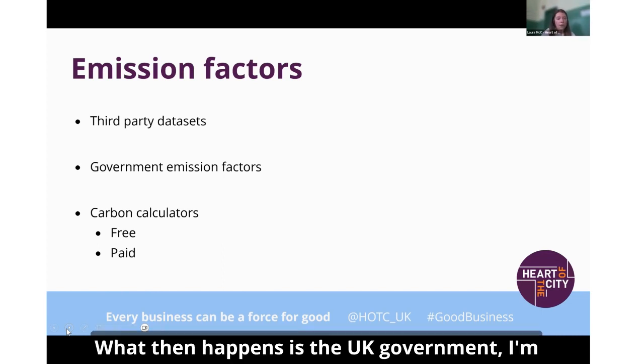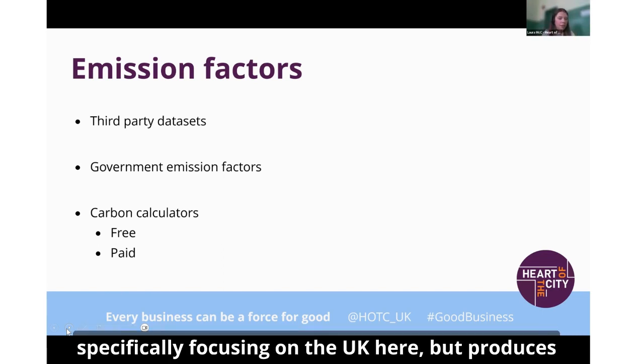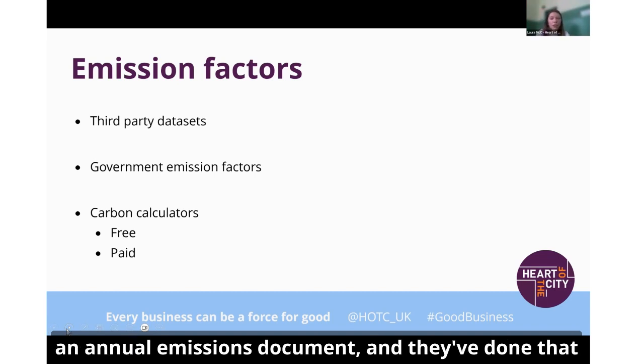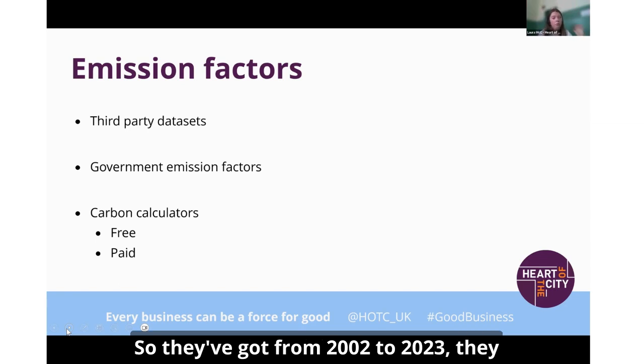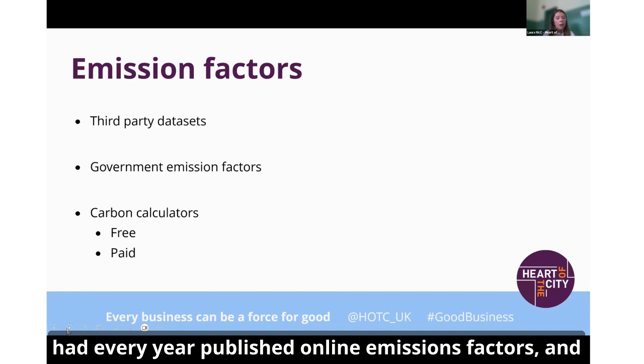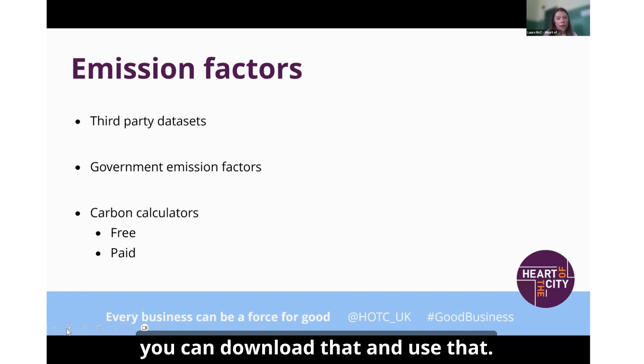What then happens is the UK government, I'm specifically focusing on the UK here, produces an annual emissions document, and they've done that for the past kind of 20 years. From 2002 to 2023, they have published emissions factors online every year, and you can download that and use that.